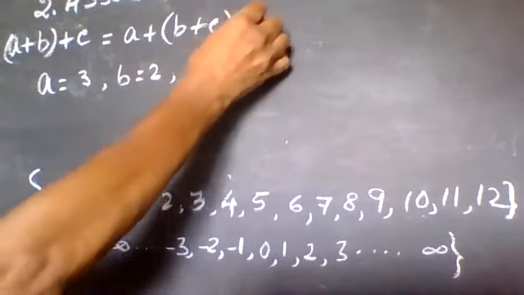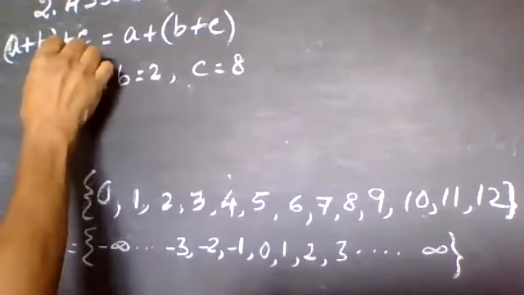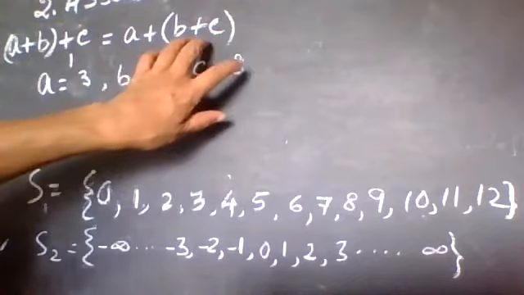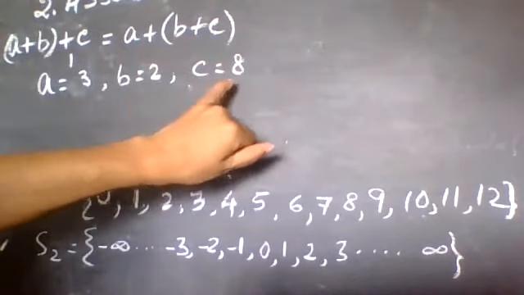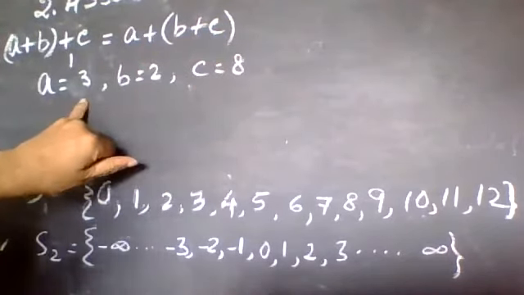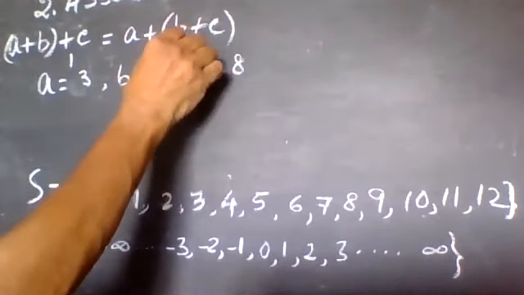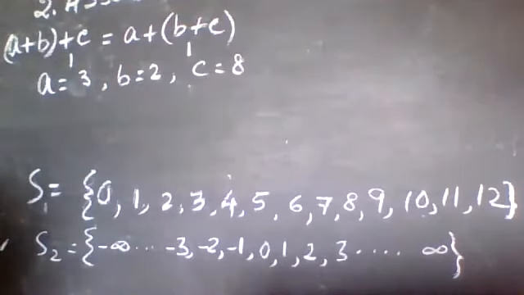So in this case, the value is 1. If I add this first, 2 plus 8 is 10, 10 plus 3 gives you again 1. So you can see that associativity is guaranteed in this set.